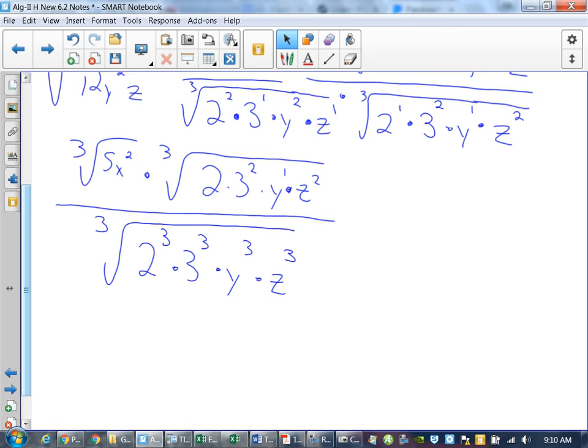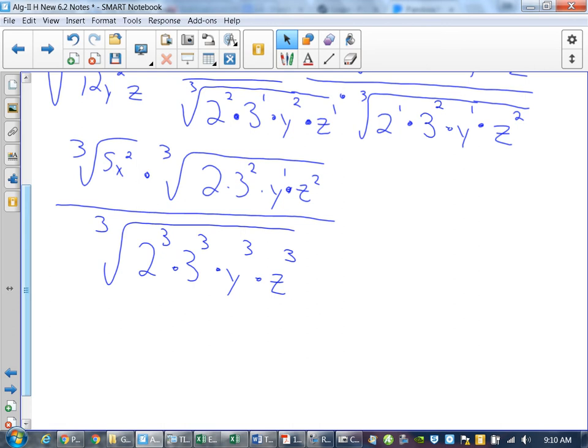If you go back and think about what it looked like with square roots, when I had 1 over the square root of 3, and I multiplied it by the square root of 3, that idea was that this was an nth root of 3 to the first, and I multiplied it by an nth root of 3 to the first, which created the nth root of 3 squared, which was just 3.